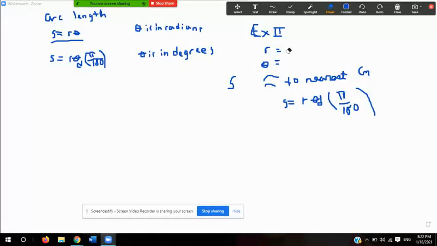It says, the International Space Station is in approximate circular orbit 400 kilometers above the surface of the Earth.